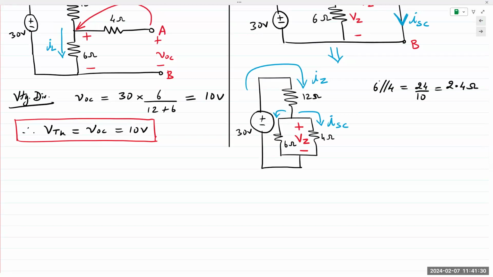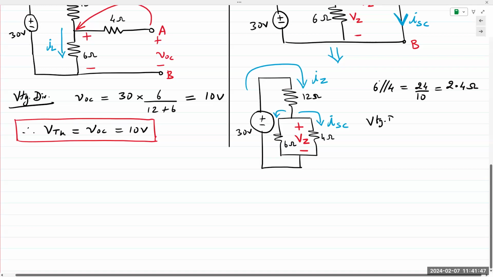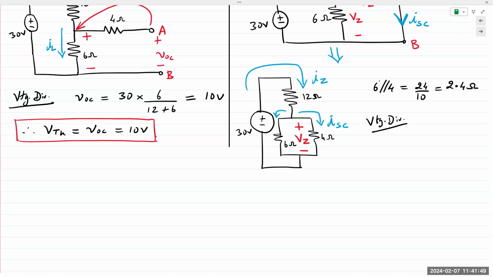I can apply voltage division to find VZ. So it's a fraction of 30 volts, 30 times 2.4 divided by 2.4 plus 12.